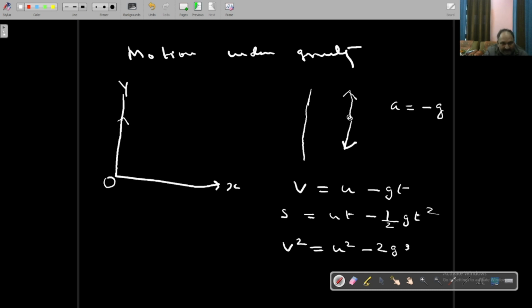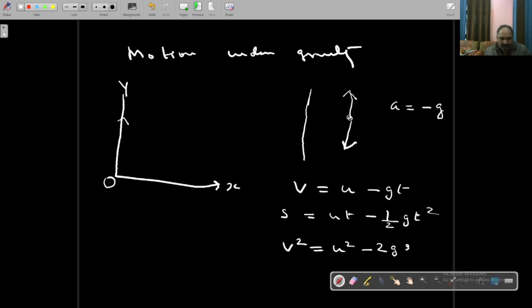And now in case of motion under gravity, the particle moves in a vertical direction, that is, we can say that it moves along the positive y-axis, but the acceleration is acting downwards, whose value is g. So to make it consistent with the direction of the y-axis, we make it minus g. Okay, so this is the motion under gravity.